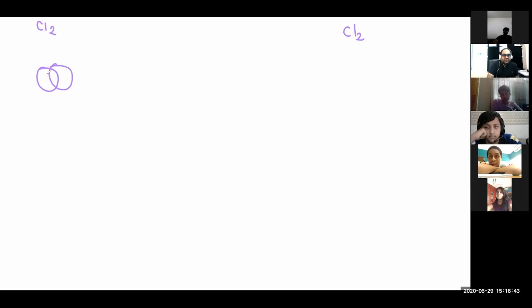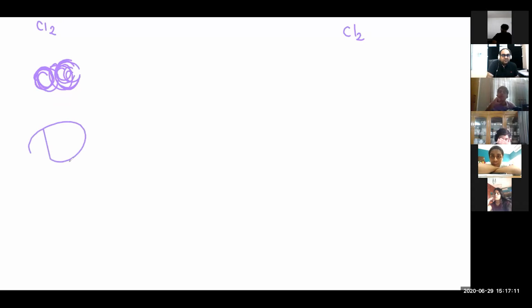And we know that electrons are spinning around. So at a certain instant, if we freeze it for a second, at any particular instant, you'll see that there are more electrons on one side of the molecule compared to the other side.